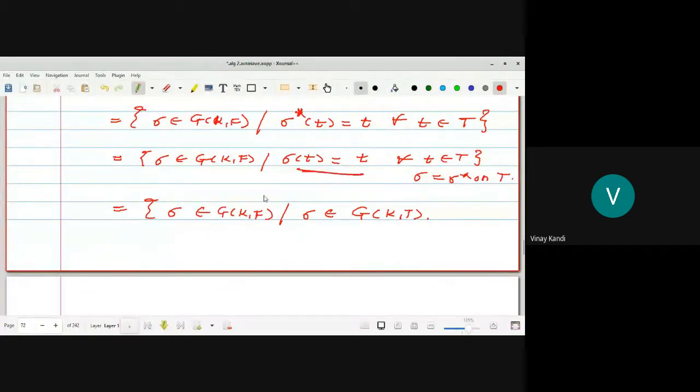So this is the kernel of phi. Kernel of phi is equal to G(K/T). Is it correct?